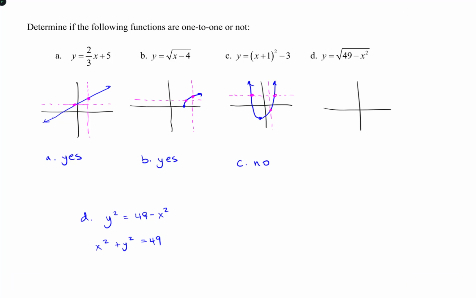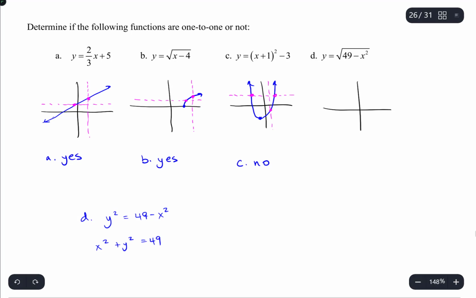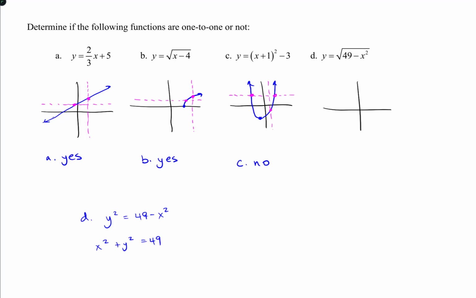So this is the graph of a circle, but it is actually only the top part of the circle because in this form it would have to be the plus or minus square root to be a full circle. So it's the upper part of a circle and has a radius of 7 centered at the origin. So it would look like this.